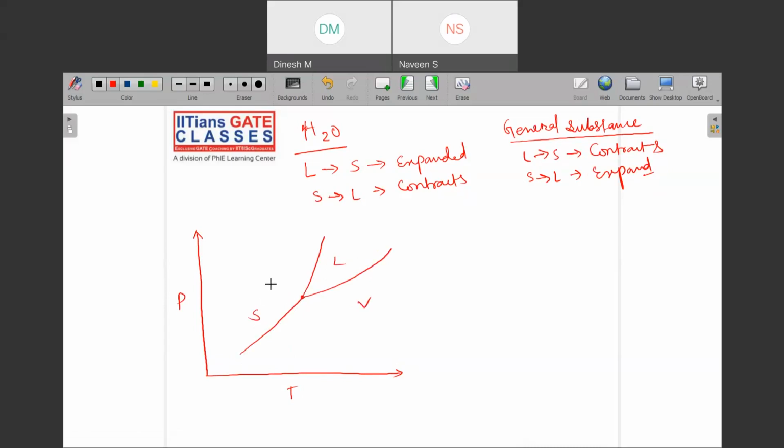Just now we have seen that delta P upon delta T for water and for general substance, we have to look, then we will decide the nature of this curve. We have seen for water this is less than 0, and for general substance it is greater than 0. Then for water, the curve will look like this one. This is for water.